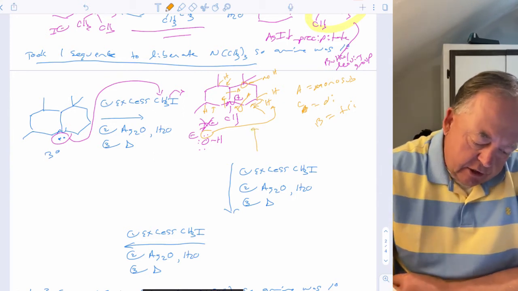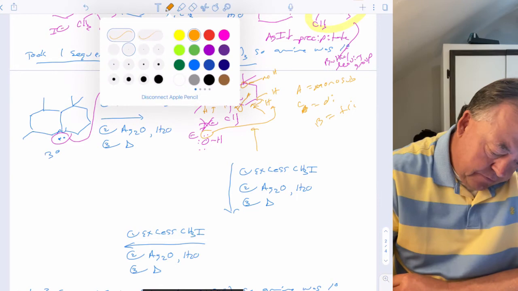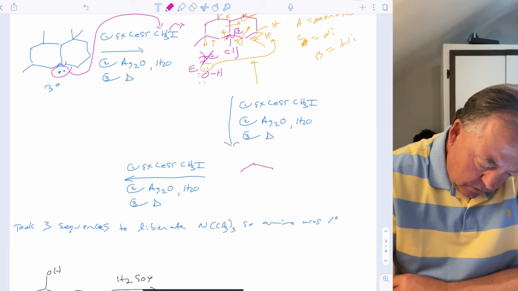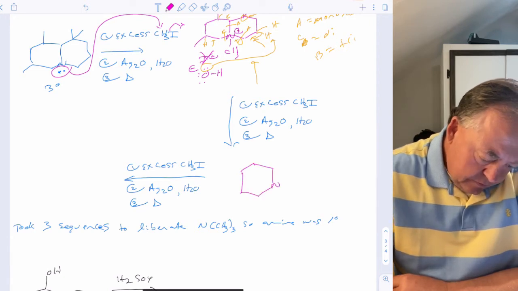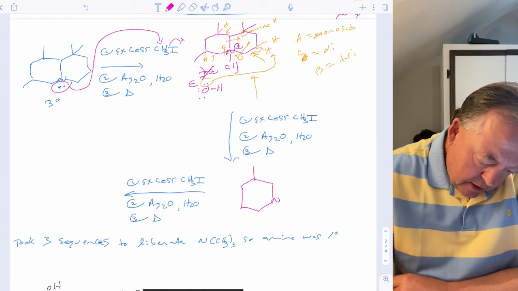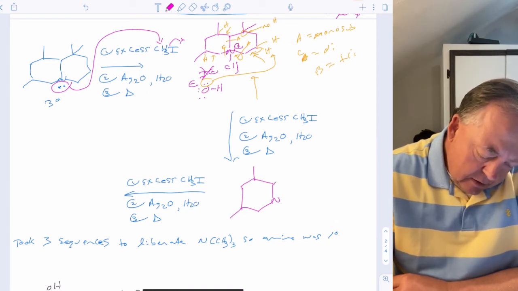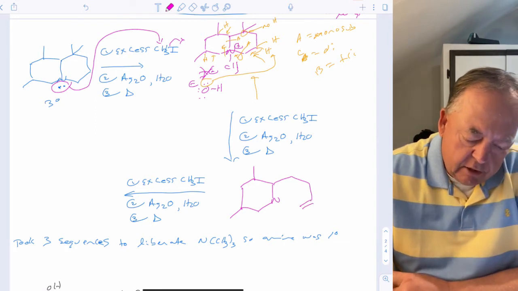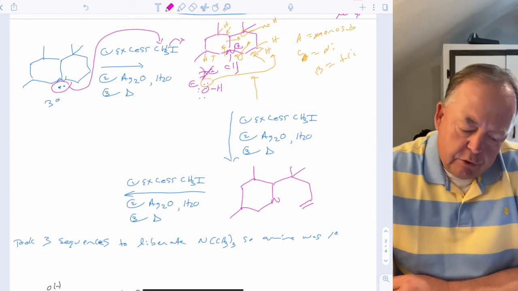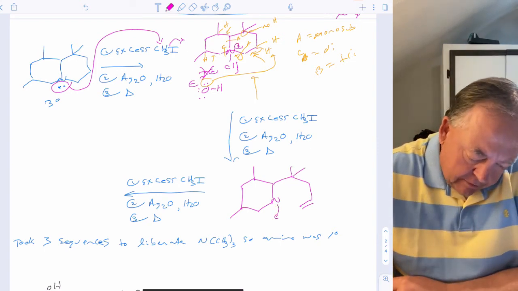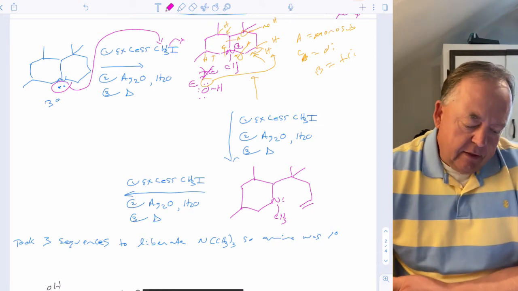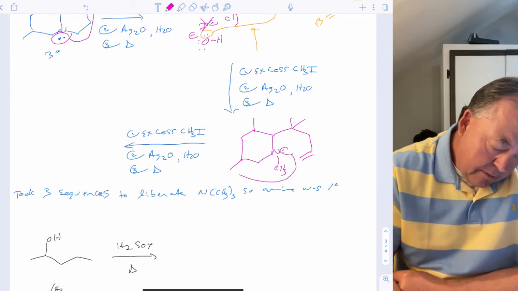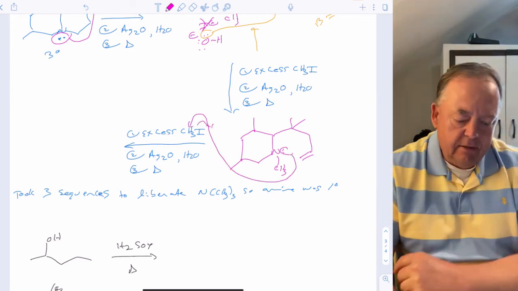OH is going to take that hydrogen, and you're going to make there's a methyl there, there's a methyl there, and now you've broken that bond from that carbon to nitrogen, so you have a mono substituted alkene, and of course nitrogen has a methyl group attached. Now you repeat the process. So that nitrogen picks up another methyl group, makes it quaternary again.